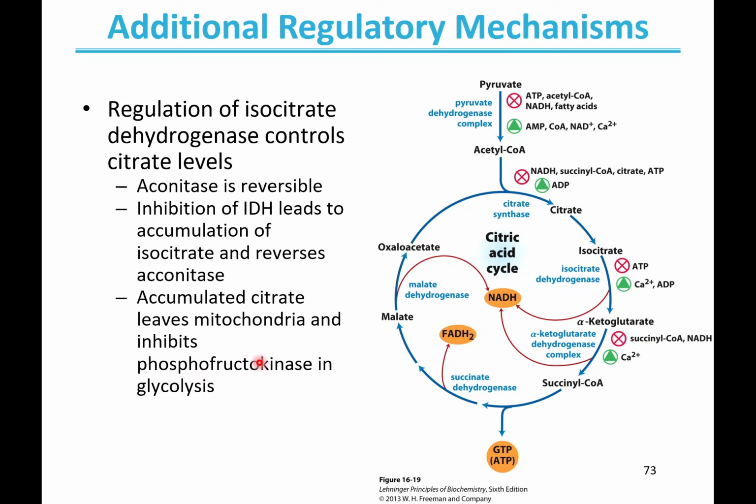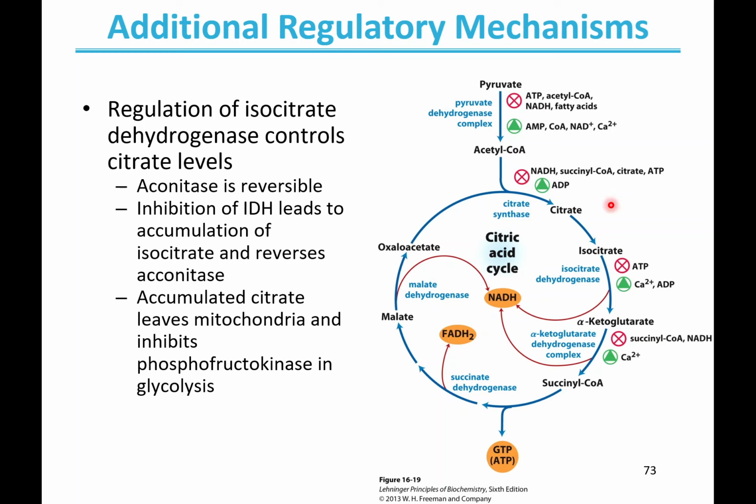When it does, it inhibits PFK, phosphofructokinase, and glycolysis. So you might remember seeing when we talked about the regulation of glycolysis that phosphofructokinase was inhibited by citrate, and that's one of the reasons why.